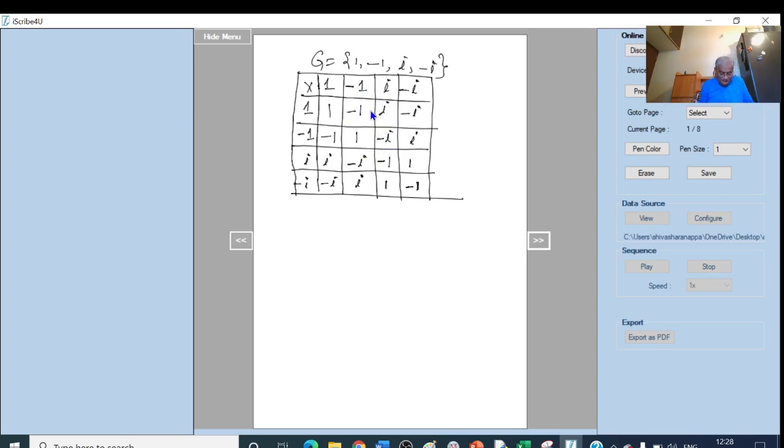Now we just have to write here. Number 1, all entries in the table belong to G, which implies closure law is satisfied. Okay.